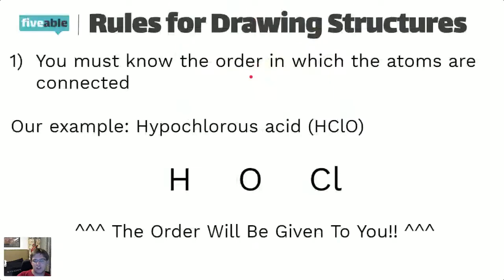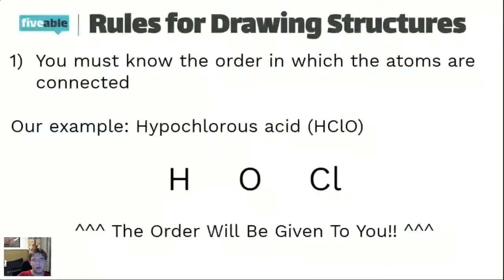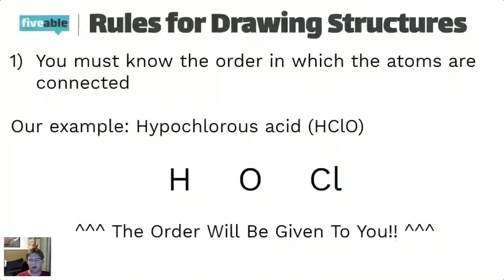The first part of a Lewis structure is that you have to know the order in which the atoms are connected. For our first example, we're going to be drawing the structure of hypochlorous acid. Hypochlorous acid is HClO, however, the bonds are actually in the order HOCl.